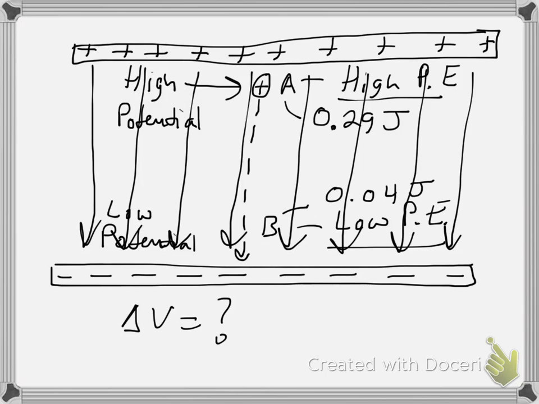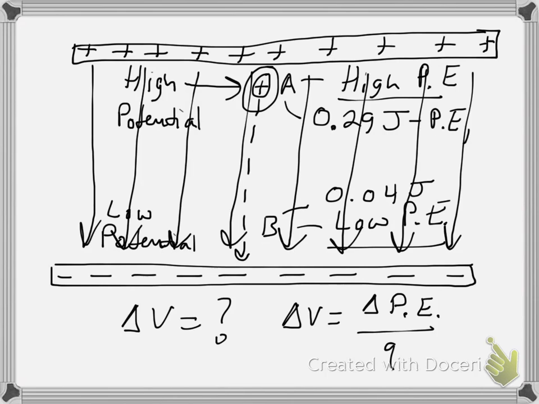Remember that delta V equals delta PE over Q. Q is going to be the 5 times 10 to the negative 6 coulombs on that charge, and this will be PE initial, or PE1, and this will be PE2.